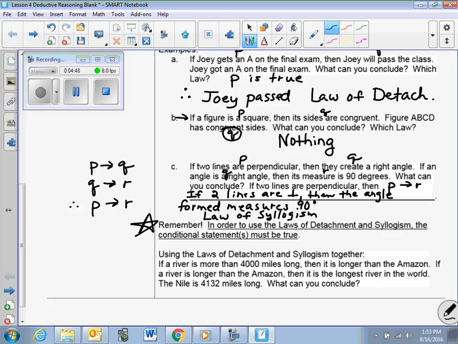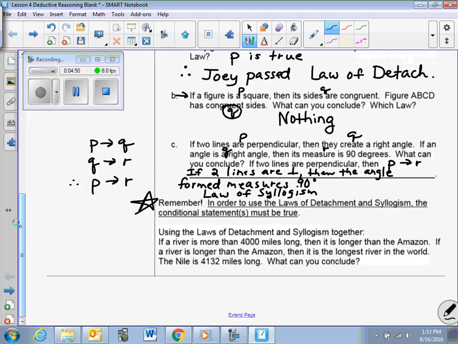So here's an example where we're using both laws together. Using the laws of detachment and syllogism. Here we go. If a river is more than 4,000 miles long, then it is longer than the Amazon. If a river is longer than the Amazon, then it is the longest river in the world. So let's take this part right here. And using the law of syllogism, what can we say?